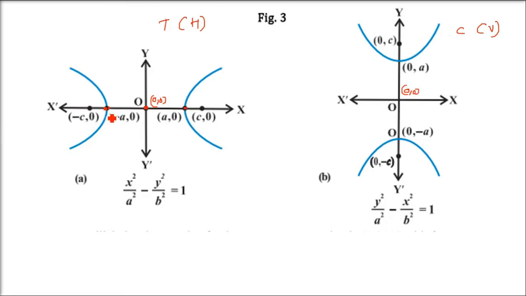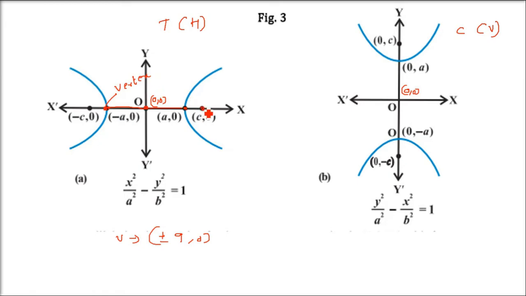Whenever it intersects the x-axis or y-axis, that point is called a vertex. But for an ellipse and a hyperbola, there will be two vertices. From here to here is the distance between the vertices. If the center is the origin, it will be a on this side, a on that side. So the coordinates of the vertices will be plus or minus a, 0: a on the right-hand side, and minus a on the negative side.